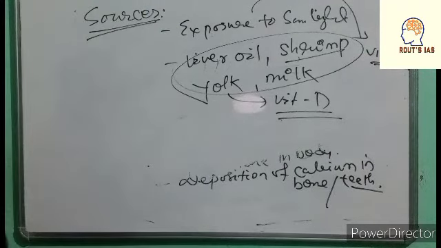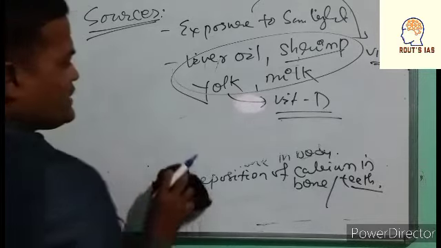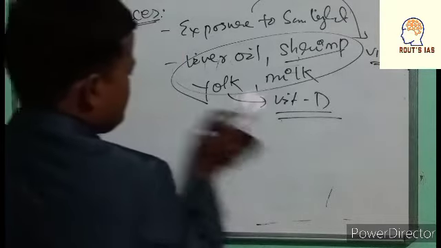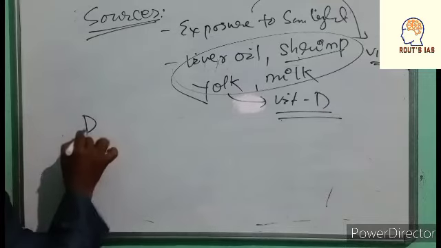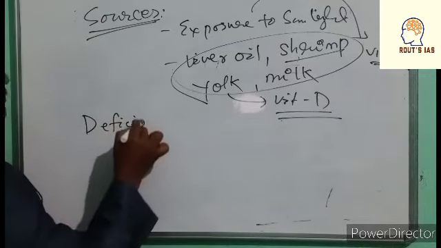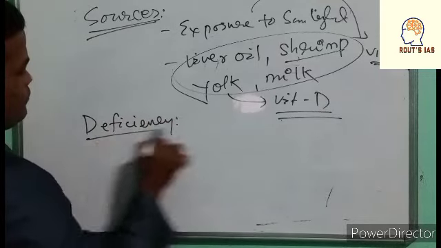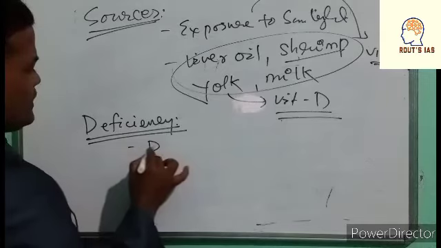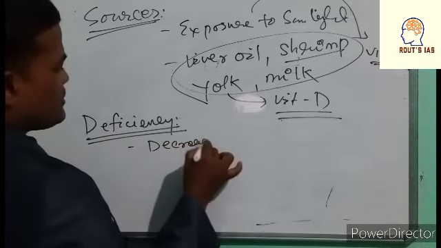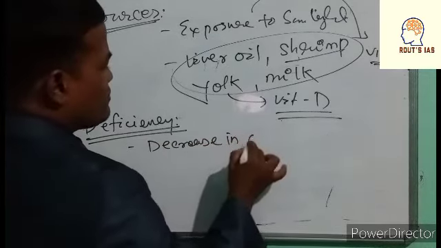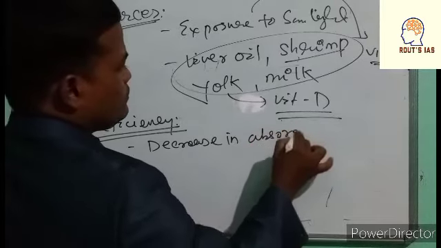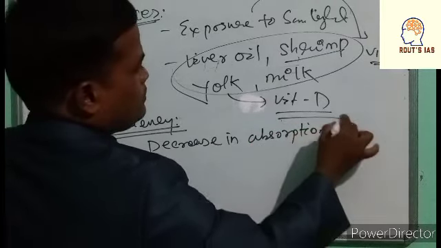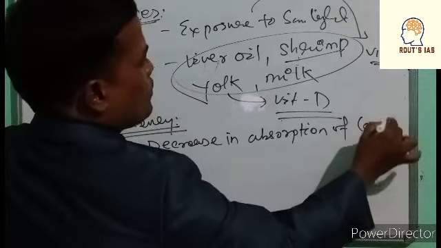And the effects of deficiency. Deficiency will decrease the absorption of calcium, as we know vitamin D helps in the absorption of calcium in bone.